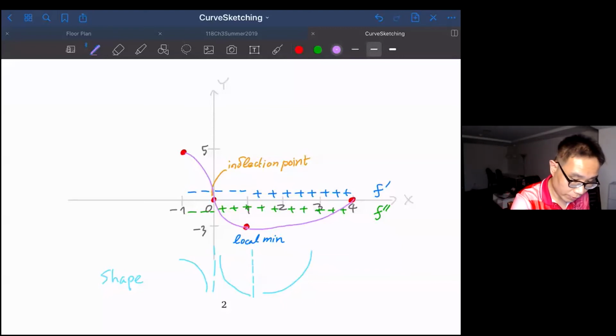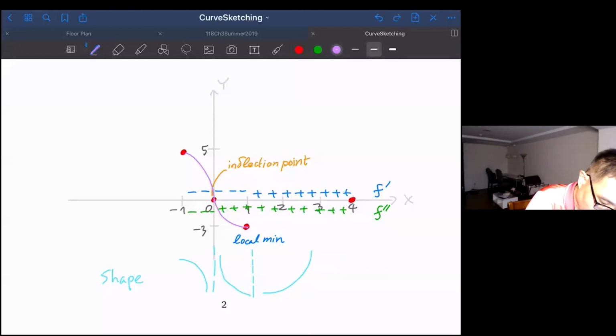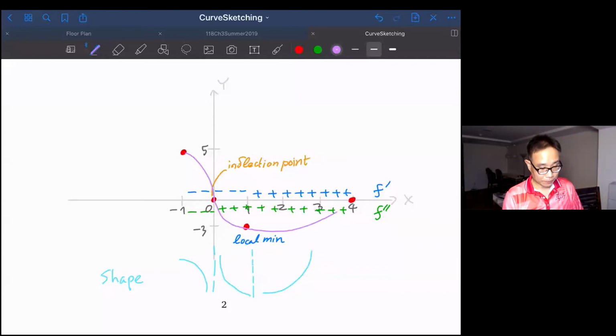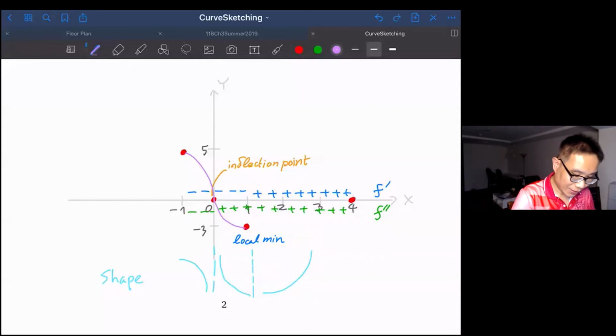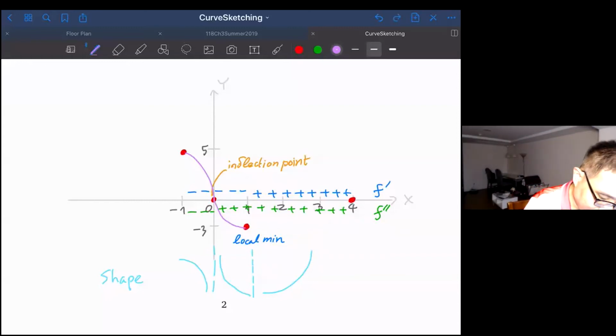Okay, so let me try to make this one sharper. Yeah, okay, this one is nicer. So this one is the graph that you're looking for. It looks like I'm not quite satisfied.